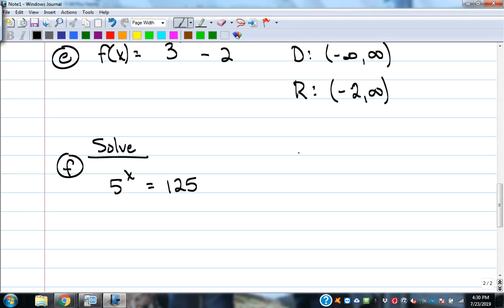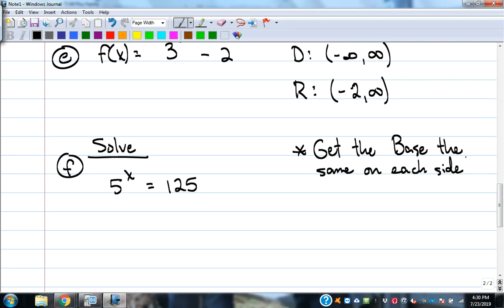So the idea here to solve these is to get the base the same on each side. So key is to look at the side the exponent, the variable is on, and look at the base on that side and to say, okay, can I break 5 down in any way? 5 is a prime number, right?